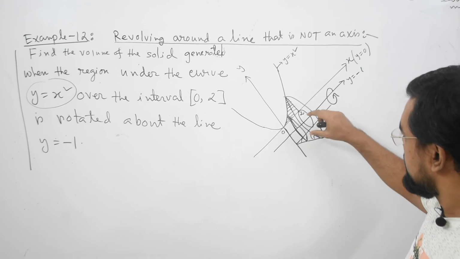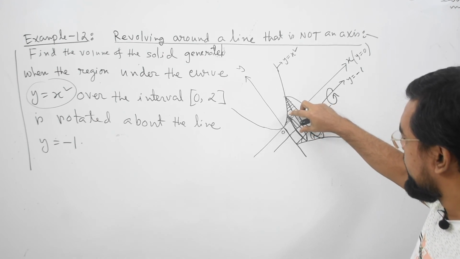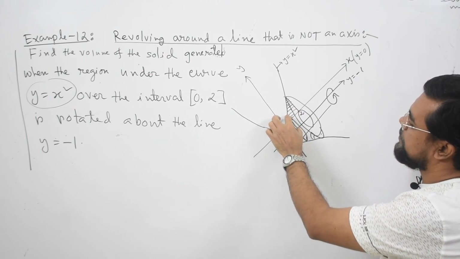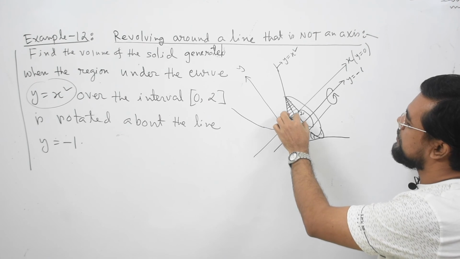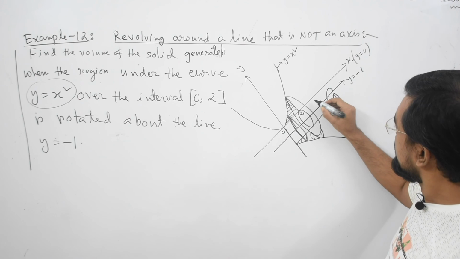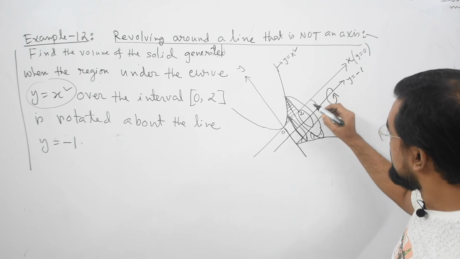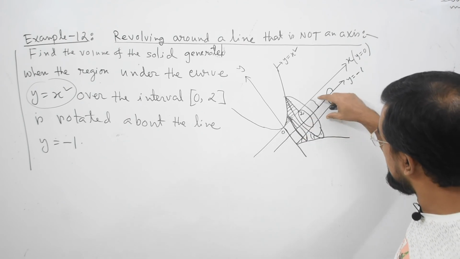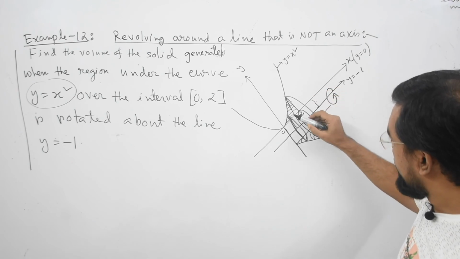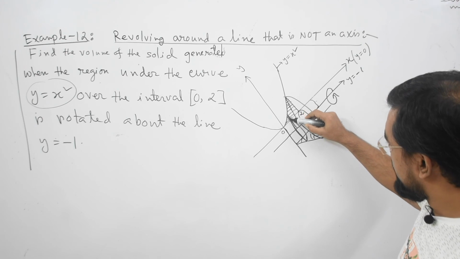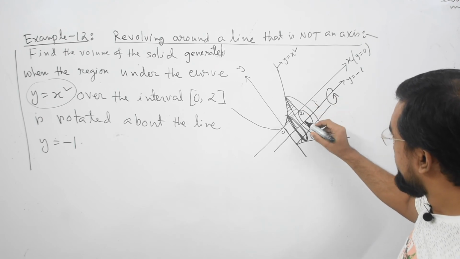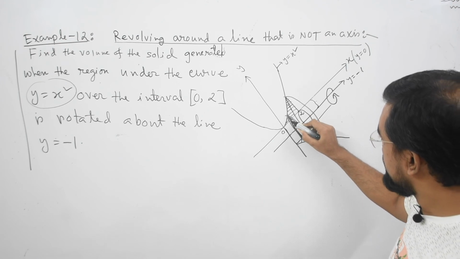So the question is, what is the radius? The first radius, and this is the second radius. You need to subtract this part. So the second radius is 1. Easily we can understand that the empty region has radius 1, but the whole solid has radius this.